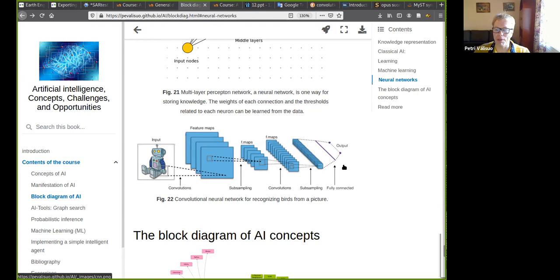But when you have trained this system, you have this domain knowledge encoded as filter parameters in these convolutional steps. The subsampling can probably be hard-coded, and there is some number of layers, and then the information is encoded into weights and coefficients of this neural network part here, and then it can make decisions based on these images.